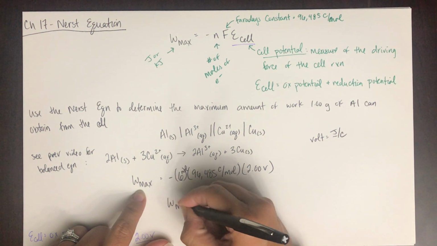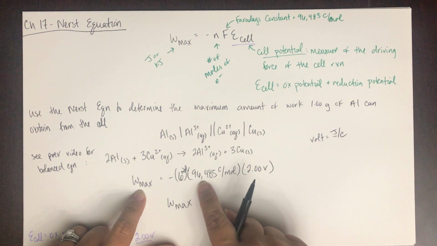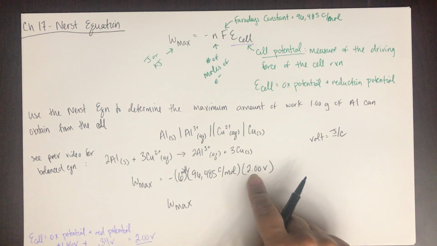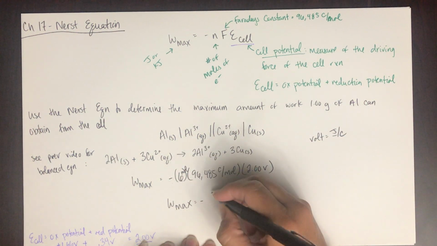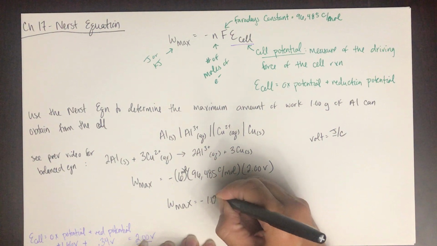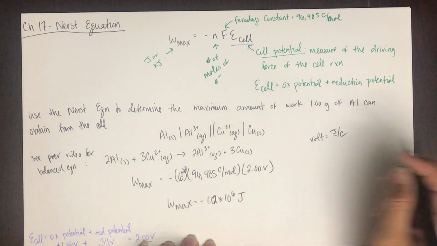So maximum work equals -6 times 96,485 times 2. Maximum work is, and remember this is negative, 1.12 times 10 to the 6th joules.